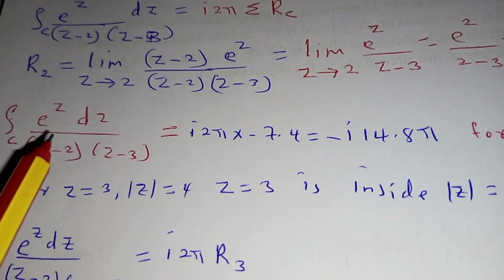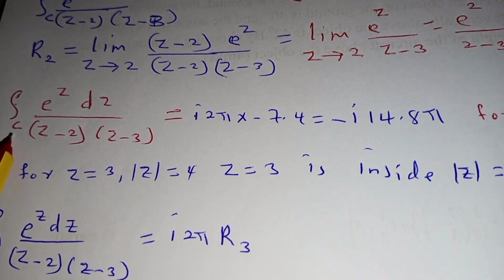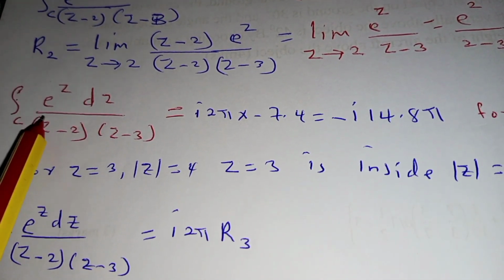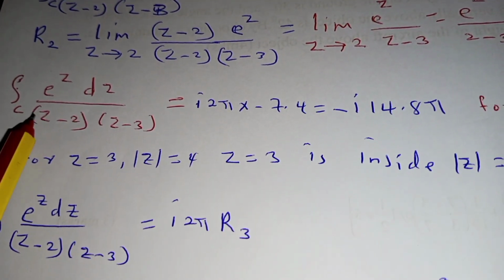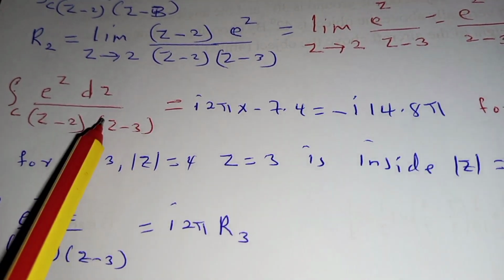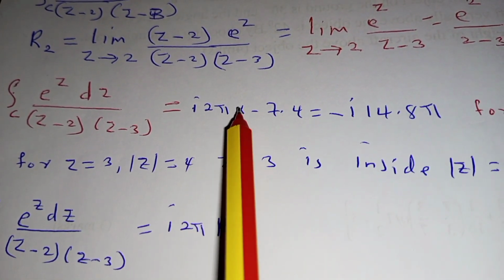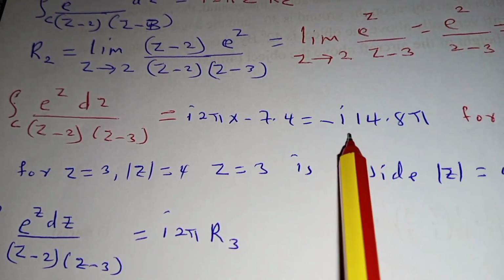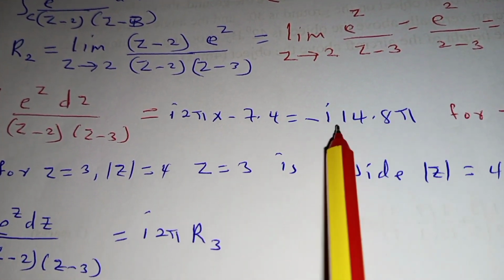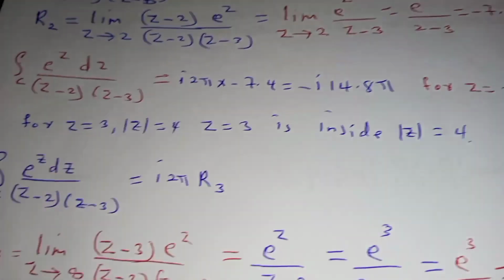Then by Cauchy integral, the integral along contour C of exponential z dz divided by (z minus 2)(z minus 3) will be given by i 2 pi multiplied by negative 7.4, which is equal to negative i 14.8 pi for z equal to 2.